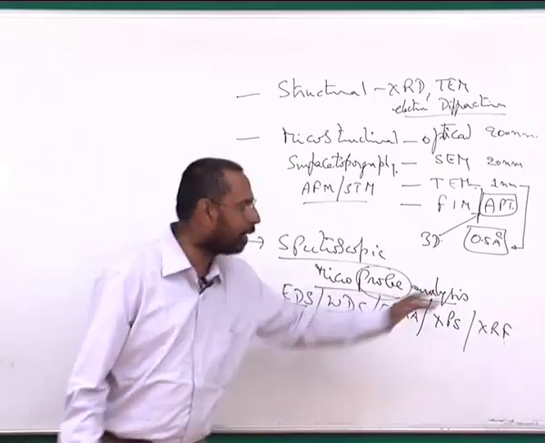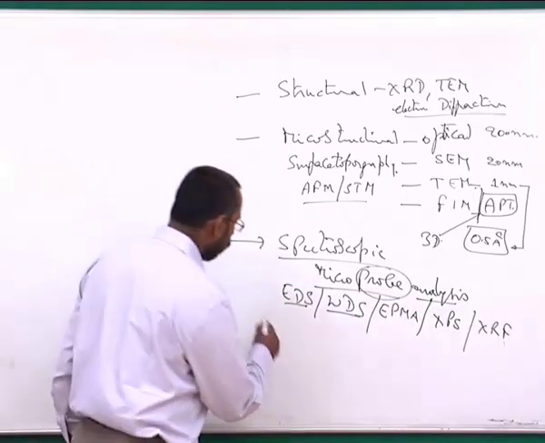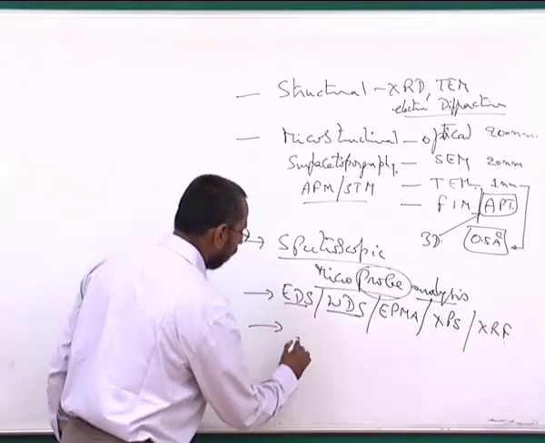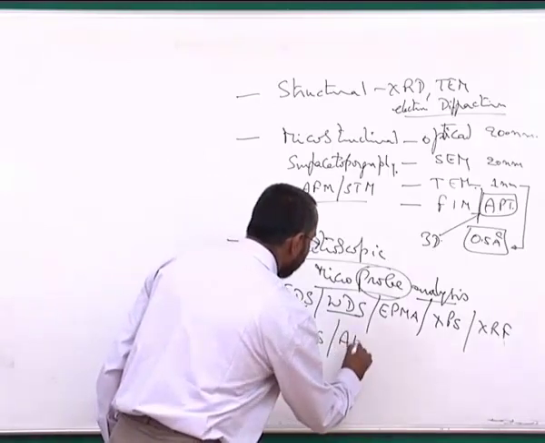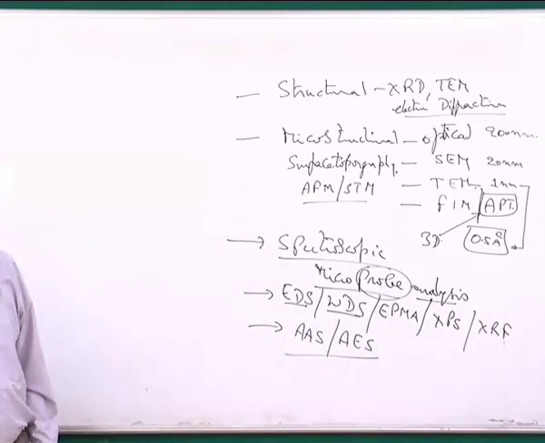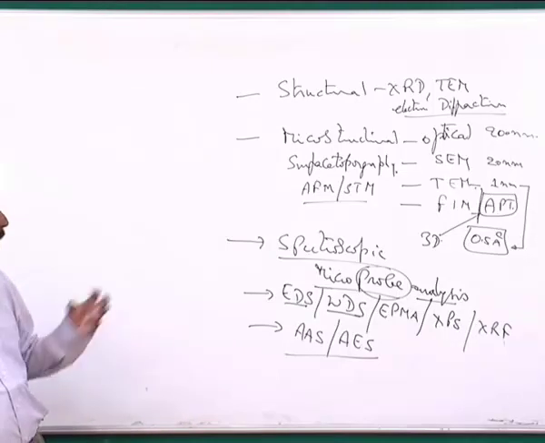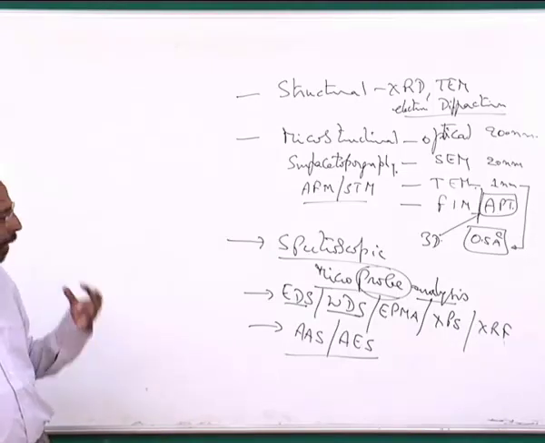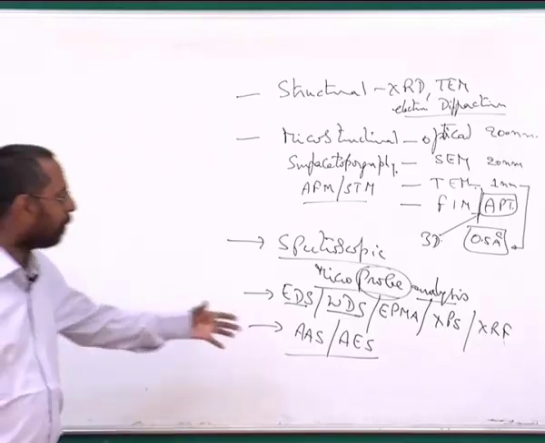In all these cases, X-rays are used as a source. And in addition, we also talked about two other techniques, which are atomic absorption spectroscopy and atomic emission spectroscopy, where we don't use X-rays as a source, but either the absorption taking place from every individual atom, or the energy that is required to emit atoms from a sample.